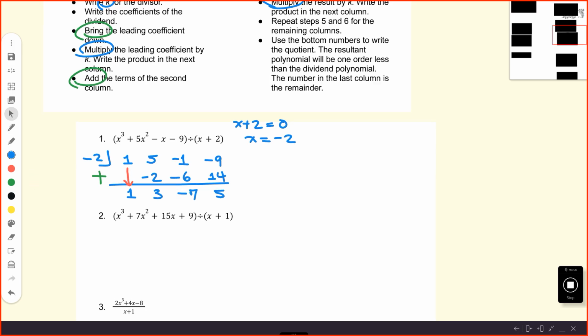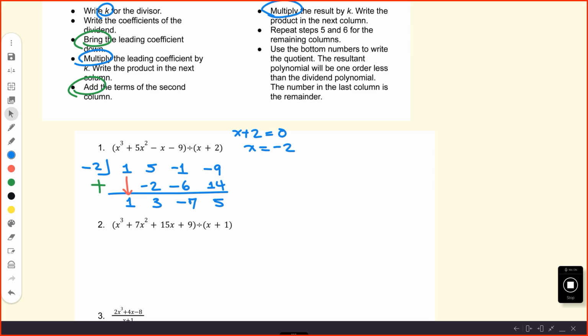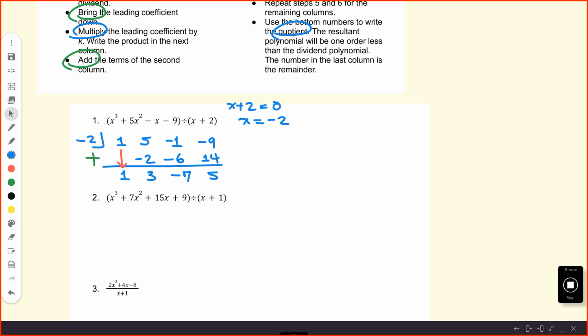Now these coefficients at the bottom, we use to write out our quotient, okay? Just remember, the resultant polynomial will be one degree less than the dividend. What is the degree of the dividend? This is degree 3. And so the quotient will be 1 less, because we're dividing by x.